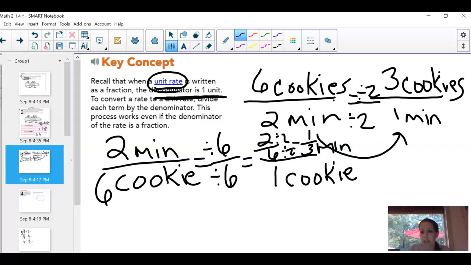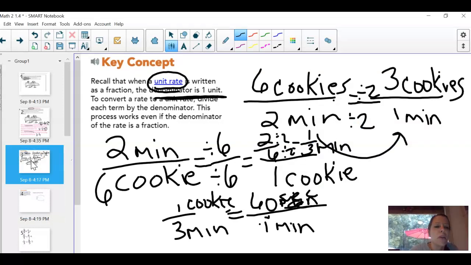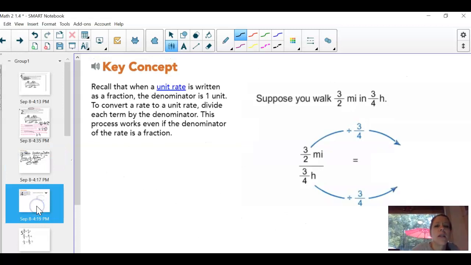Fast cookie. Okay, so now let's go into what Digits Realize is showing, which is that instead of 6 cookies in 2 minutes, now we're using fractions. But it's no different. It's just taking what we learned about unit rates and applying it to fractions.